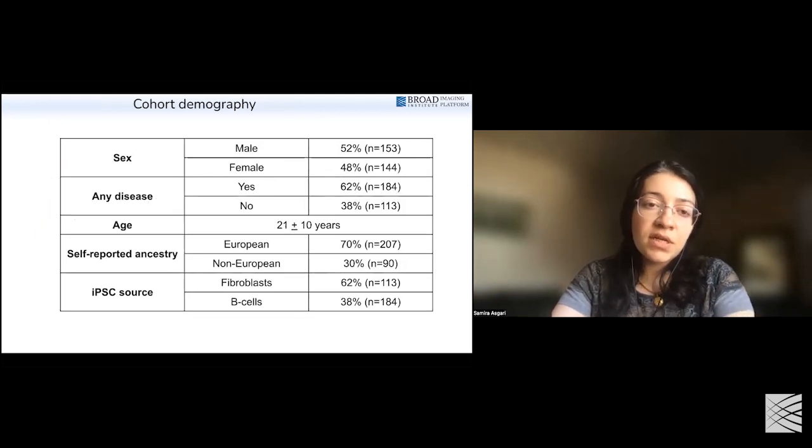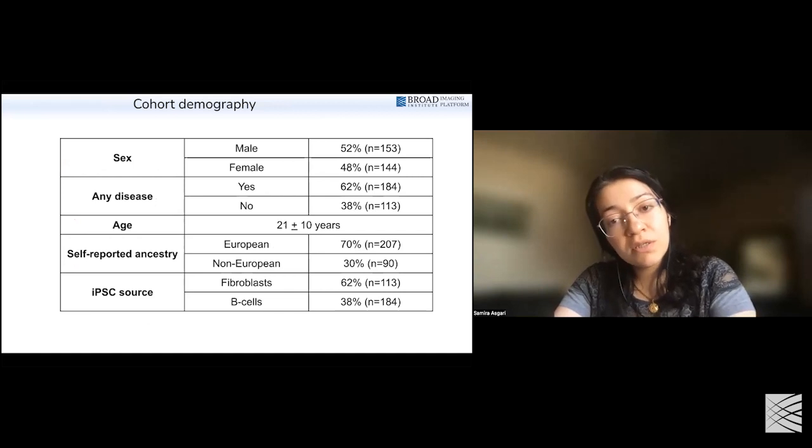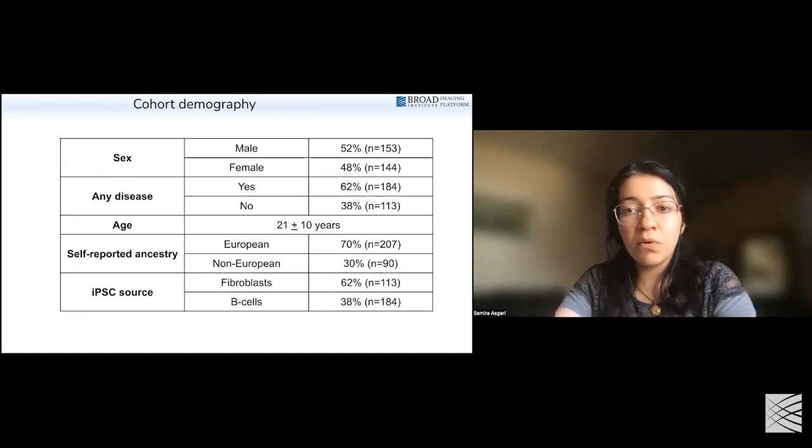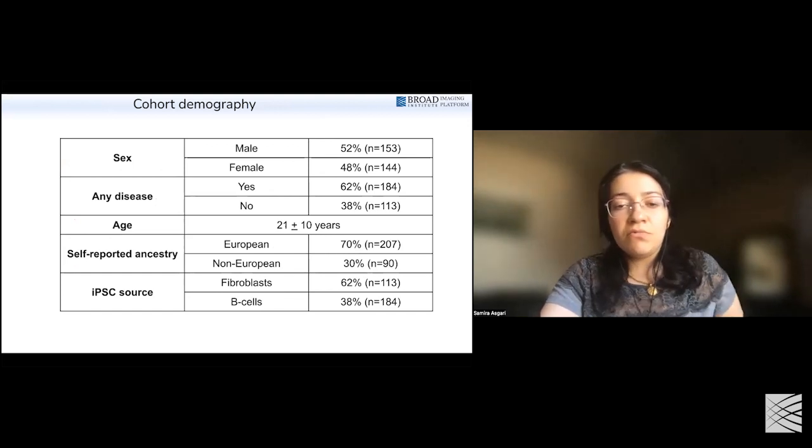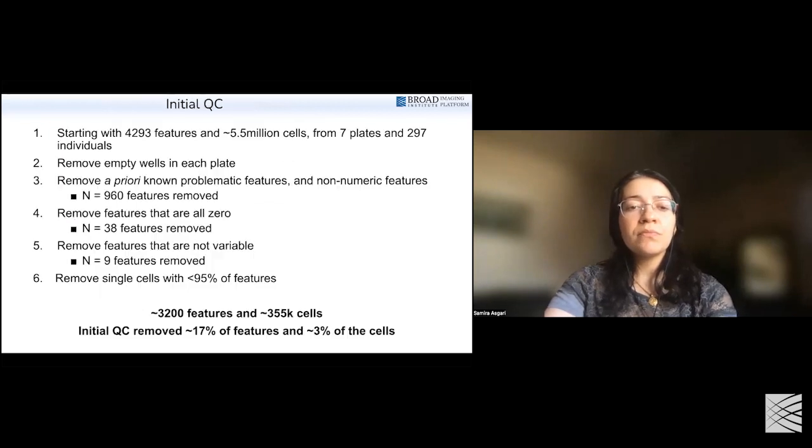The 300 individuals that we started from were about 50% male, 50% female. Some of them were coming from individuals with specific diseases, and they had a range of ages and a range of different ancestries.